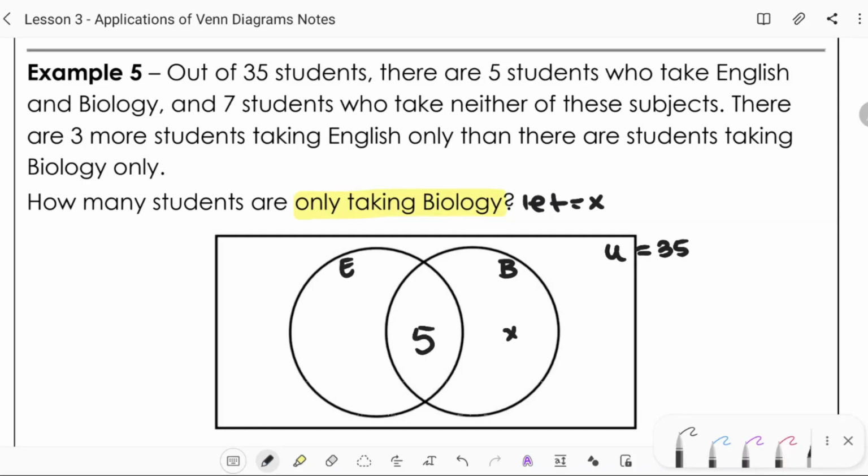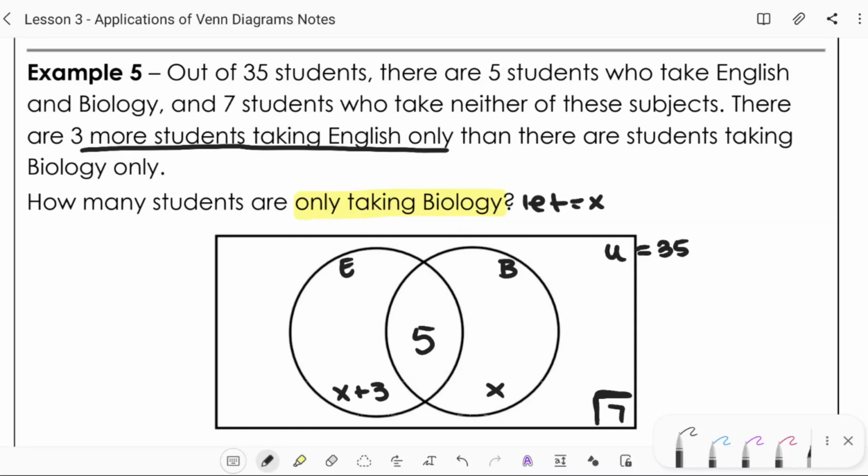And 7 students who take neither of these things, so I can fill that in as well. They then tell us there are 3 more students taking English only than there are taking biology only. So if biology is X, English is X plus 3. English only, and biology only, to be specific.